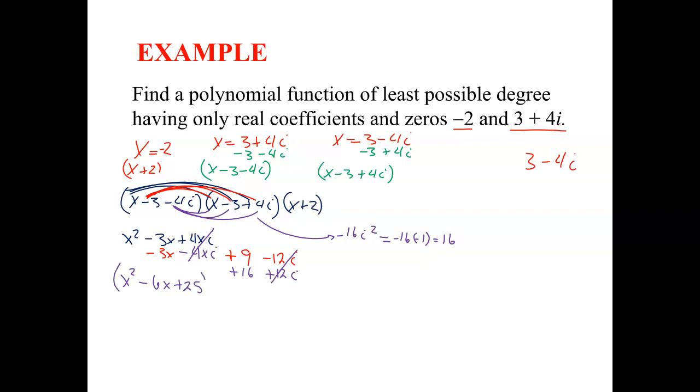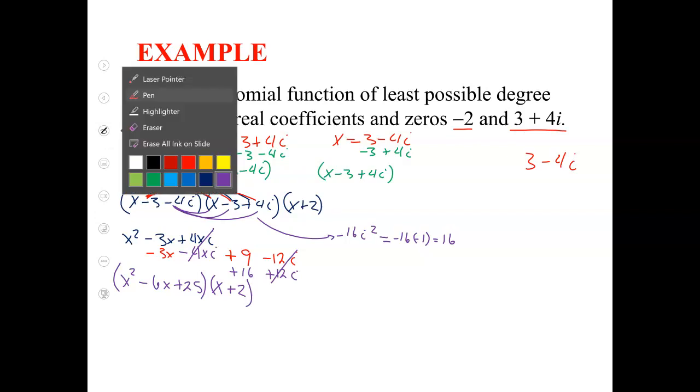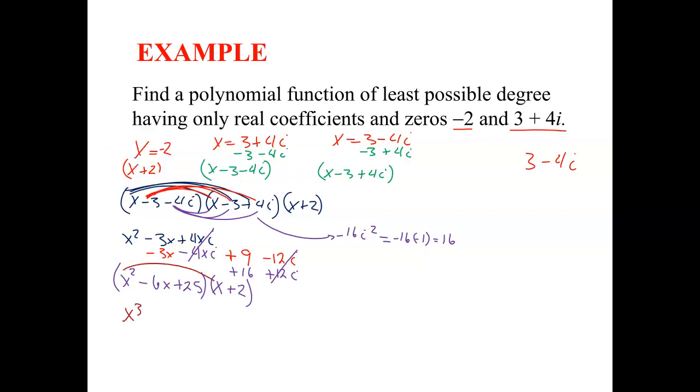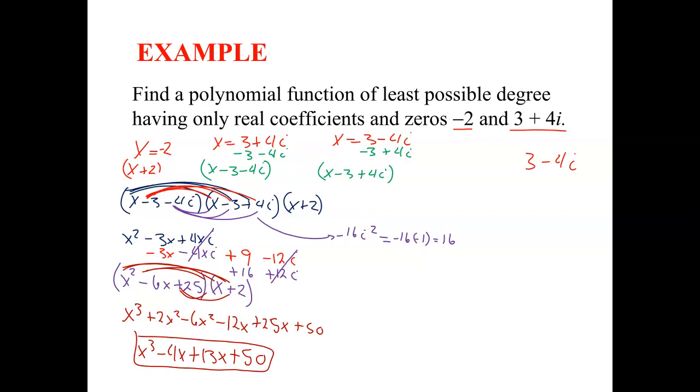And then, don't forget the x plus 2 from our other factor, and then we'll just distribute one more time. x cubed, 2x squared, negative 6x squared, negative 12x, 25x, plus 50, and then combine like terms. x cubed minus 4x squared plus 13x plus 50. So again, we ended up with a third degree polynomial.